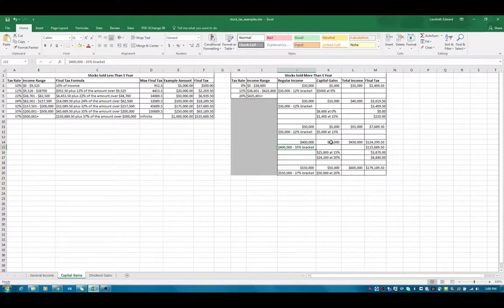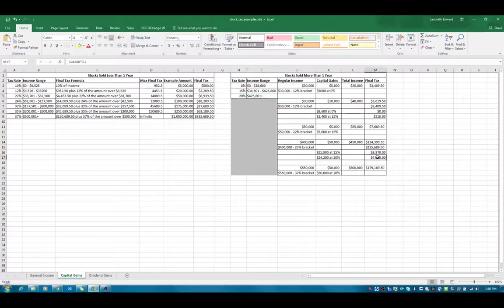And then for your last 50,000 of capital gains, you are filling out what's left in here because this is long term. So you would have 400,000 plus 25,800 to close out this bracket, taxed at 15%. Then your remainder of the 50,000, which would be 24,200, is at the final bracket of 20%.